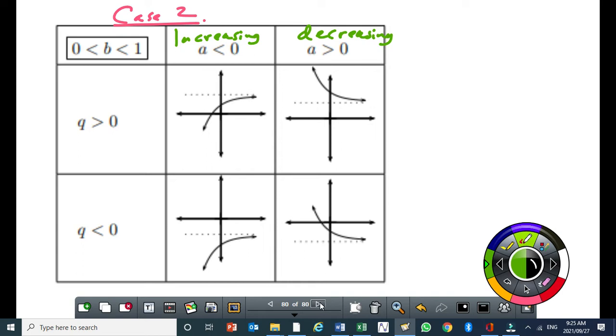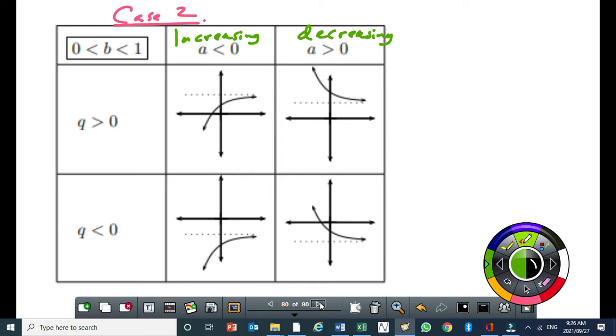If A is negative and B is between 0 and 1, we're going to have an increasing function. If A is positive and B is between 0 and 1, we're going to have a decreasing function. Okay? The Q value does not determine whether the function is going to be increasing or decreasing. For a function to be increasing or decreasing, it depends on the value of B and the value of A.